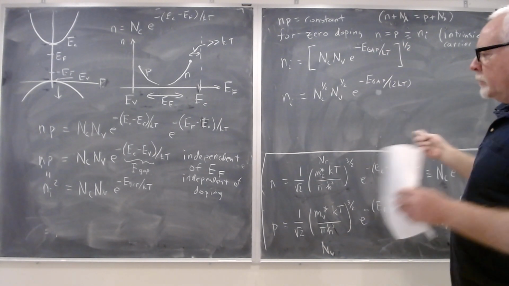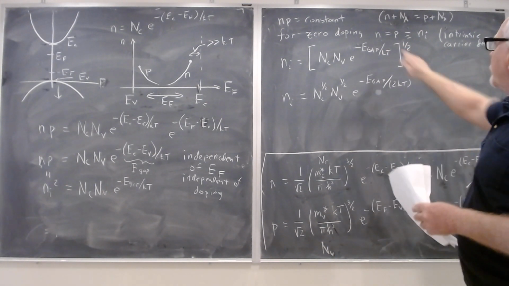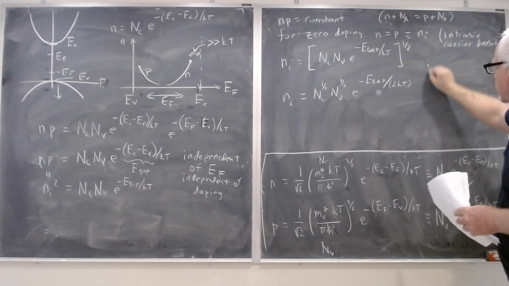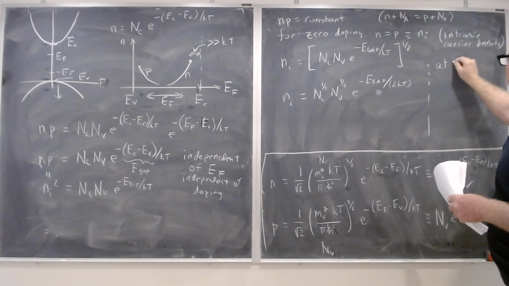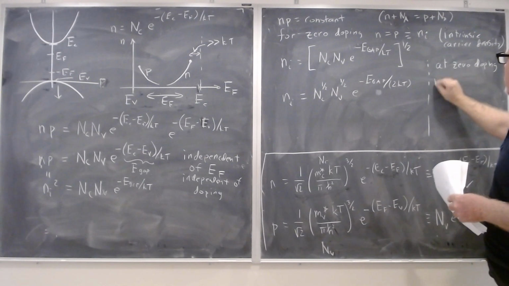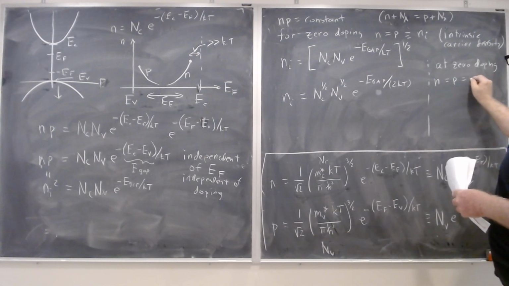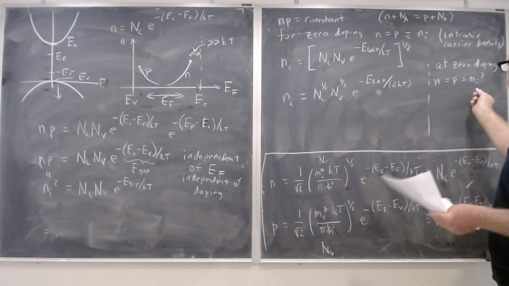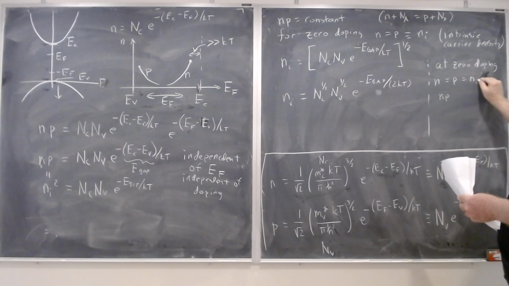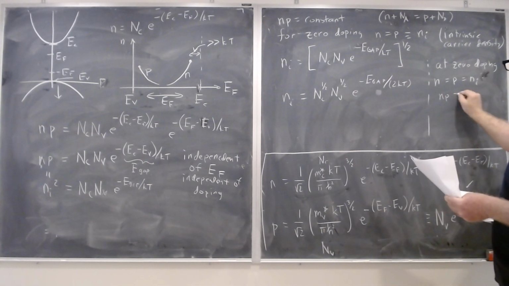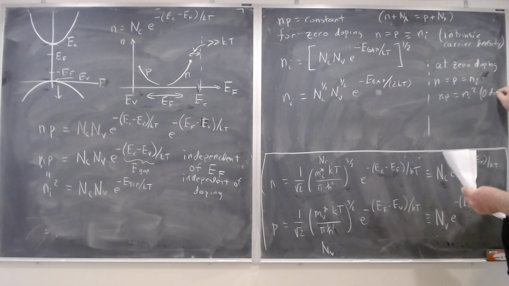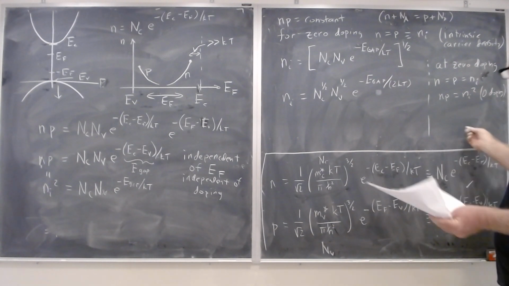And so let me go over that again. At zero doping, N equals P equals Ni. So at zero doping, Np is equal to Ni squared, by definition. But Np is a constant.